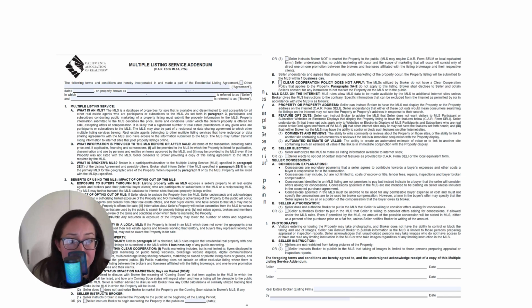Any concessions identified in the MLS listings are not promises to pay, but instead indicate to the buyer that the seller is willing to consider offers asking for concessions. Any concessions specified in the MLS must be allowed to be used for any permissible buyer expense or cost and must not specify the concessions are to be used for broker compensation.